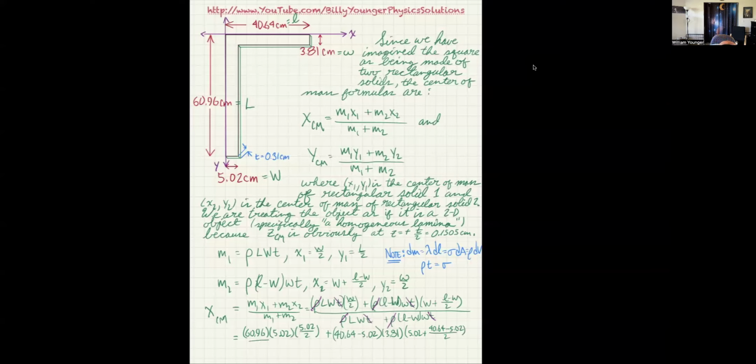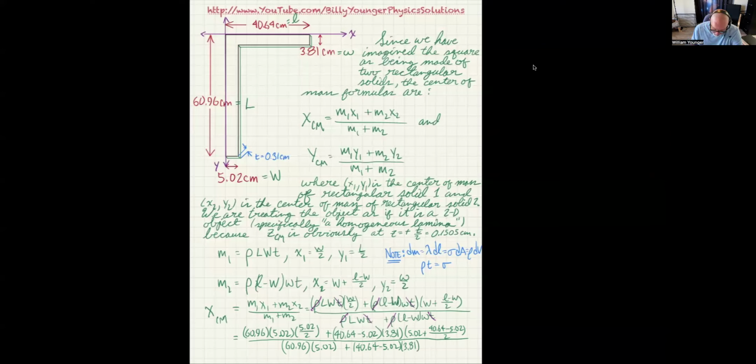And then all of this has to be divided by what's left in the bottom, which you see is 60.96 for the L, 5.02 for the capital W, plus 40.64 minus 5.02 for the L minus W, times 3.81 for the omega, and that's it.